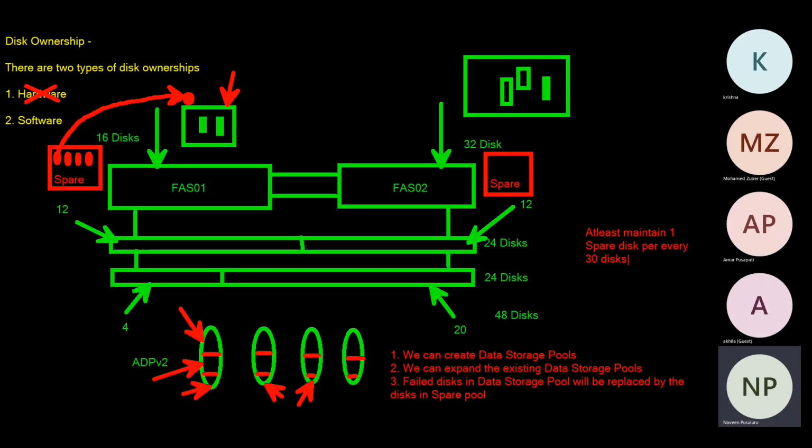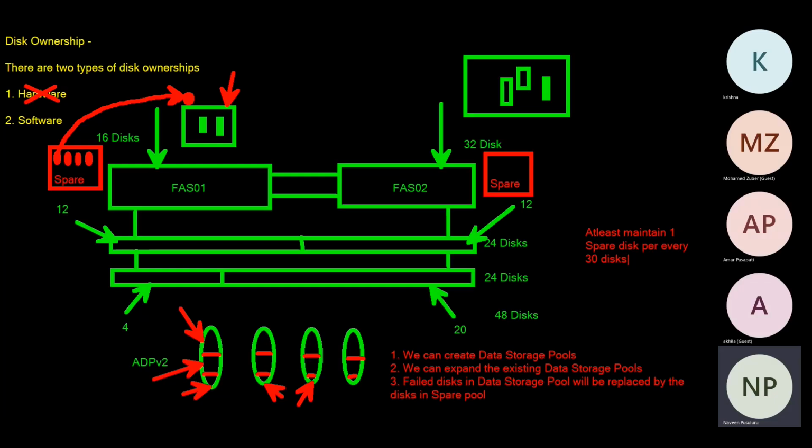As I have 60 disks, NetApp's best recommendation is to maintain 2 spare drives. That means you need to leave 2 disks in the spare pool itself. You cannot use them. It is not a best practice from NetApp, but if you have an emergency situation where you want to use them, you can.